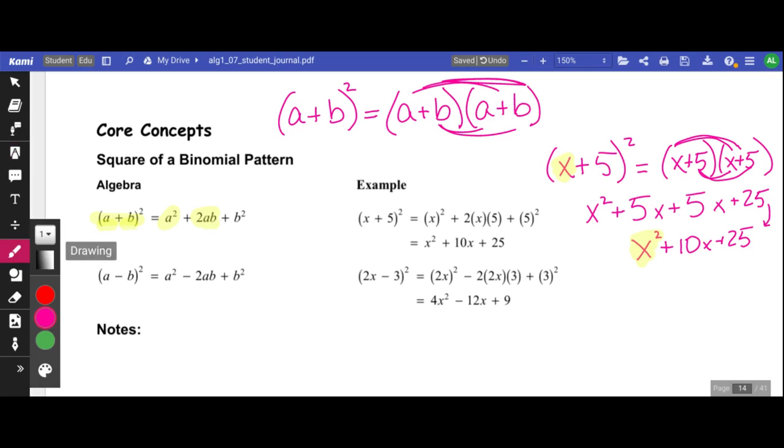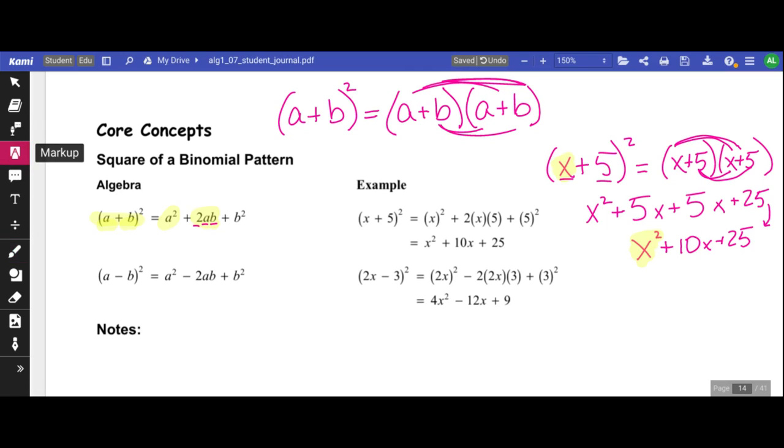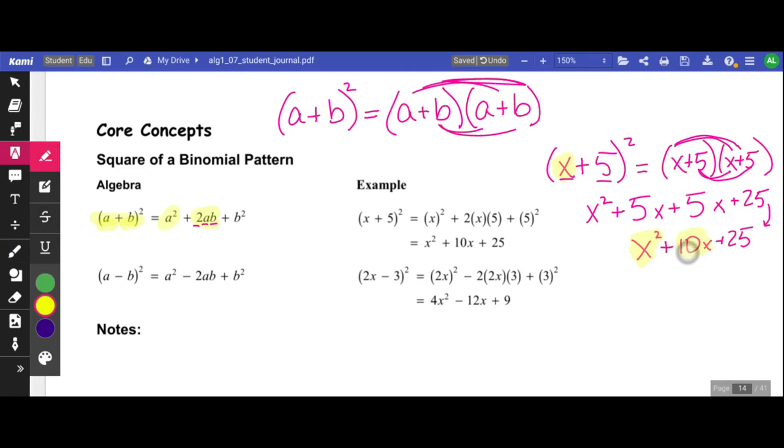Okay, think about what that means. 2 times the first term, so 2 times x, times the second term, 2 times x times 5. Well, 2 times 5 is 10, times x is 10x. Okay, 2ab, that's 2 times the first term times the second term. Then the last one, we get b squared. That's the second term squared, so my second term is 5.